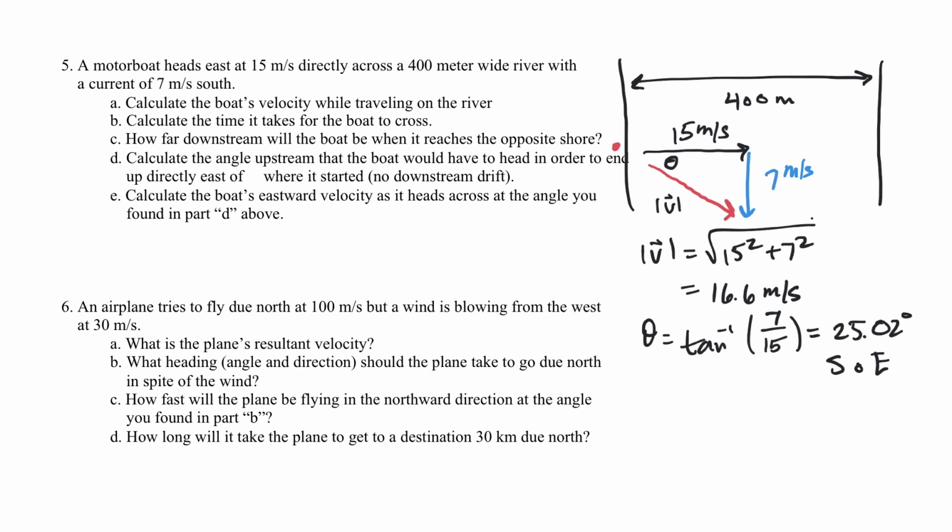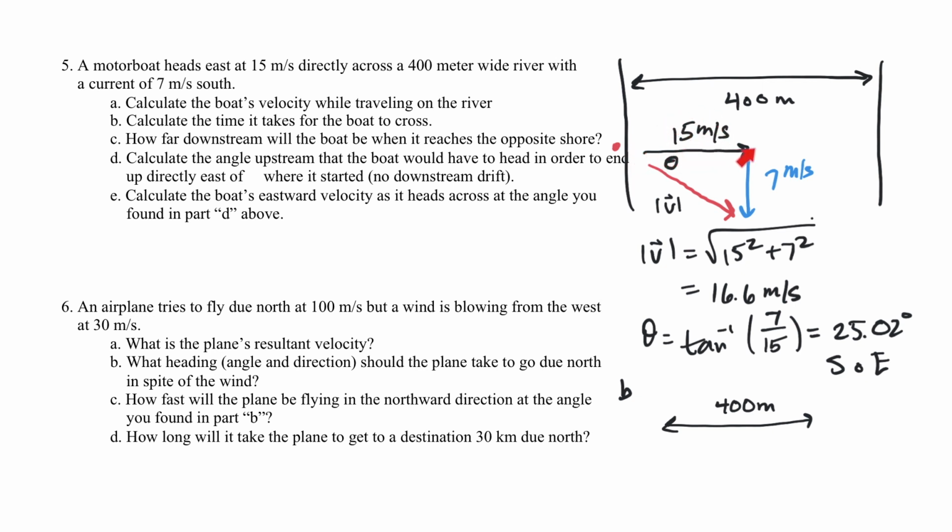Okay, part B. This one asks us to calculate the time it takes the boat to cross. Well, the boat has to go across 400 meters. That distance is horizontal, right? So how fast is the boat moving horizontally across the river? See this part right here?